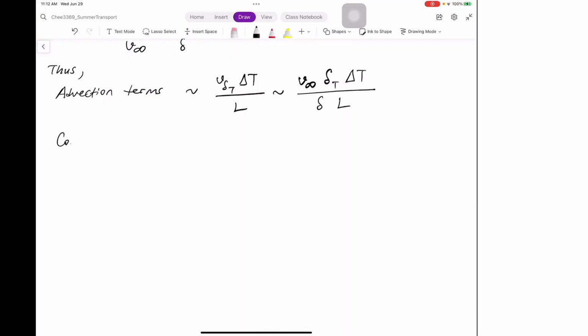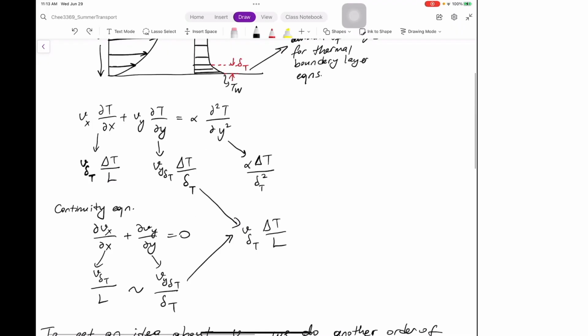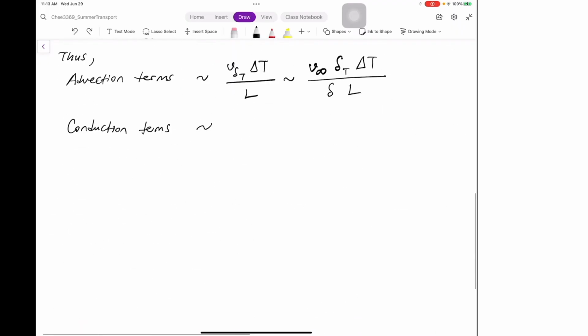And the conduction terms, the term on the right-hand side, is this alpha delta t over delta t squared.